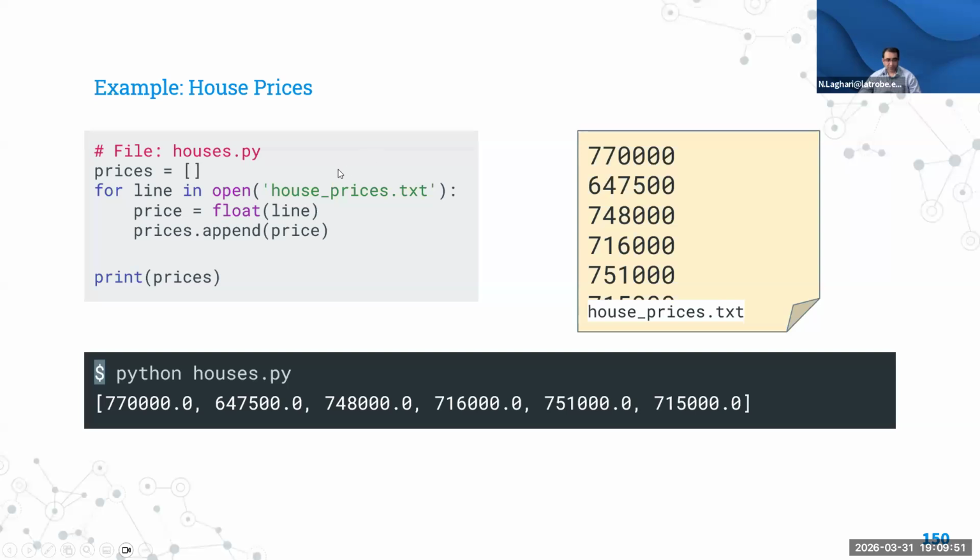We are straight away opening it, and line in that case is the text data. So we are converting that line into a price, and then we are appending that data to our list. So that way we can use lists with files.